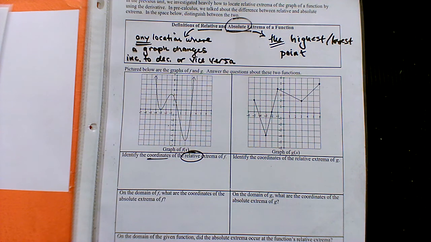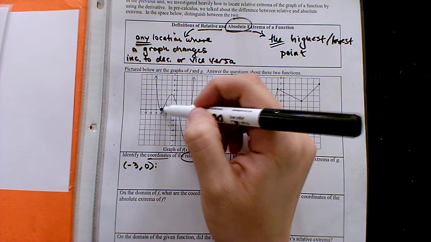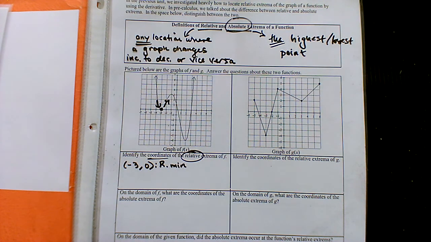Any location where a graph changes increasing and decreasing or vice versa. Okay, negative 3, 0. And can we classify it as a relative max or relative min? Minimum. Okay, decreasing to increasing. So I'll say R min for abbreviation, relative min.